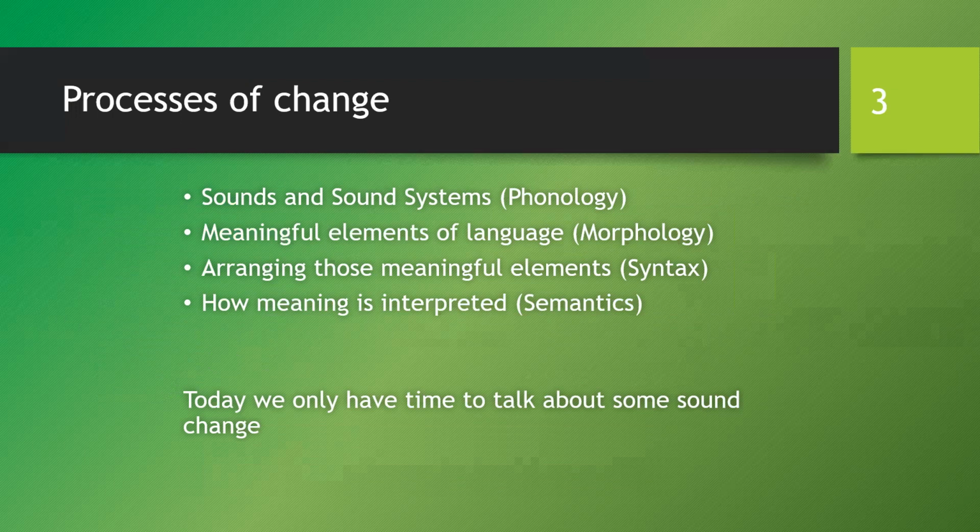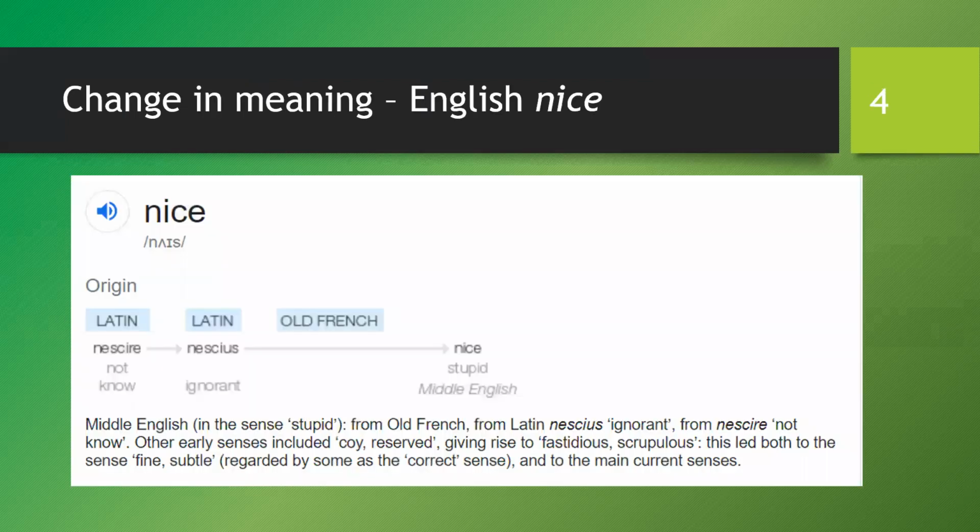So as many of you will know, Assamese is a language related to Sanskrit, but it does not have the same grammatical system as Sanskrit. There can be changes in the way that words and meaningful elements are arranged, which we call syntax, and in the way that meaning is interpreted. But today, I've really only got time to talk about sound change, because sound change is an important feature here.